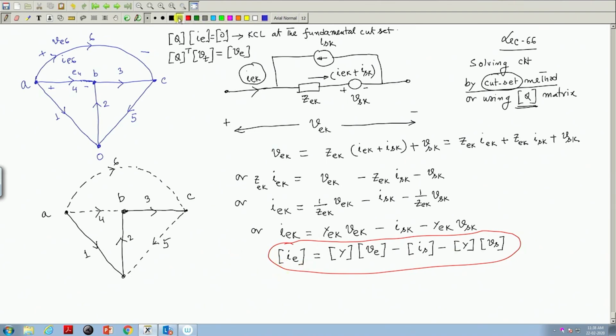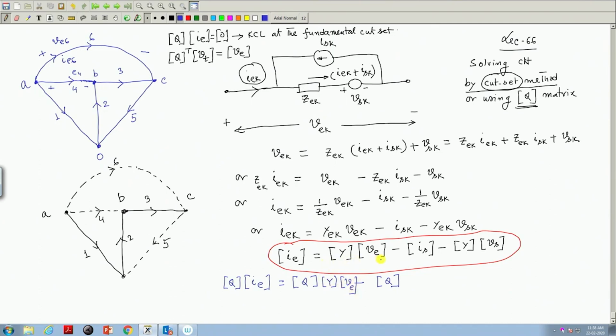Therefore it will be Q into IE is equal to Q into Y, the admittance matrix that was already present, into Ve.